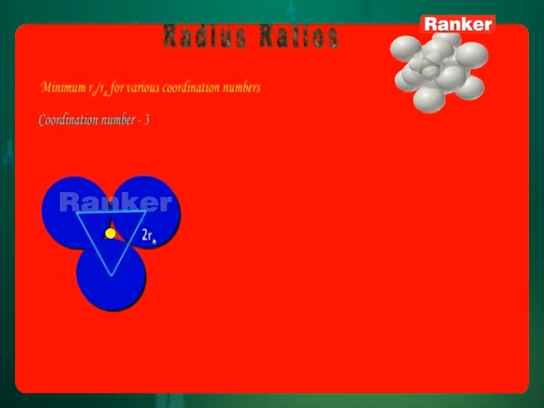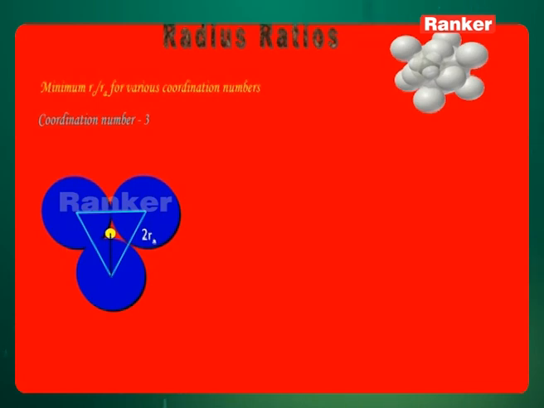The line joining the centers of those 3 mutually touching blue spheres gives you a triangle, and the side of the triangle is equal to 2 RA, that is, radius of anion. RA stands for radius of anion. Each sphere has a radius RA, so one side is equal to 2 RA.